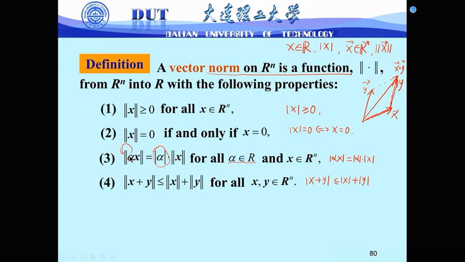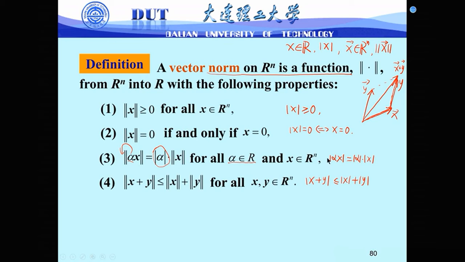Then the triangular rule. You can compare the four properties with absolute value. Especially if you just consider a one-dimensional vector, then the norm is just the absolute value. A one-dimensional vector is just a number.